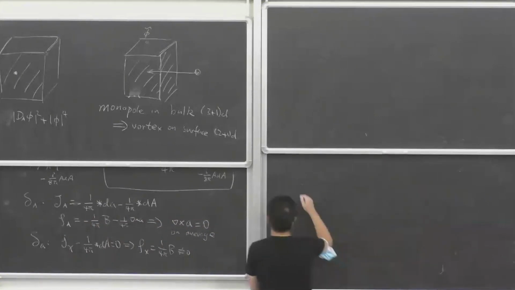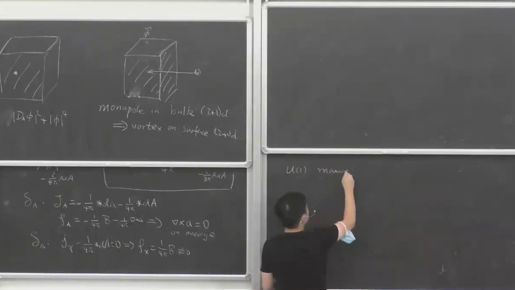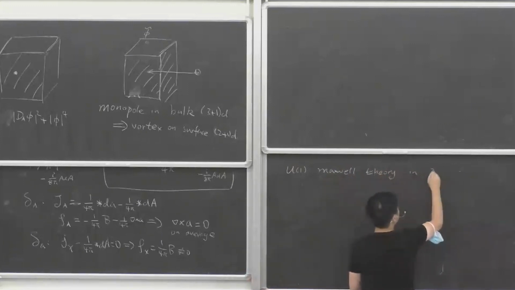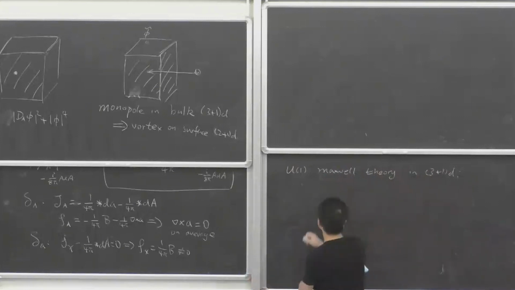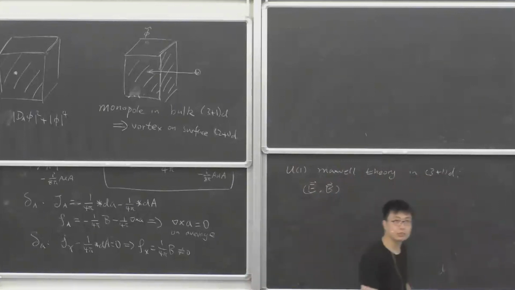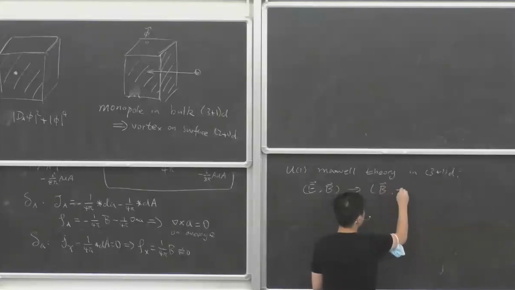So let me remind you for a U1 Maxwell theory in 3 plus 1D, the theory is essentially invariant if I switch the electric and magnetic field, essentially I rotate my electric magnetic field by 90 degrees.